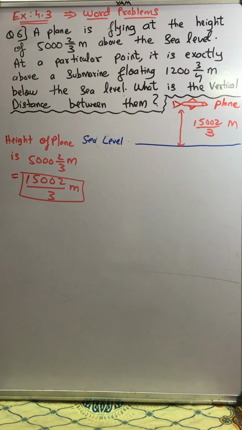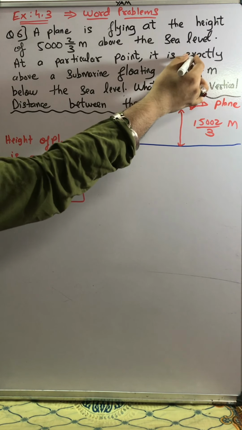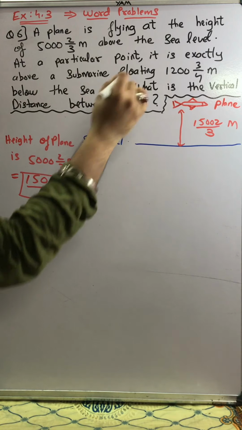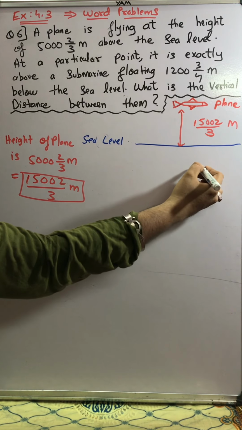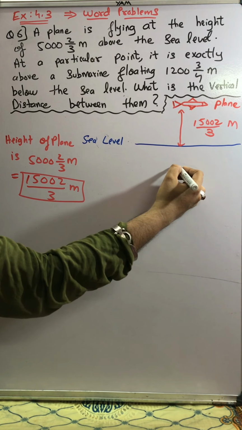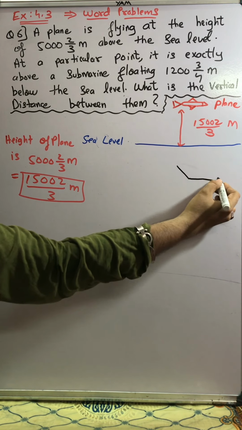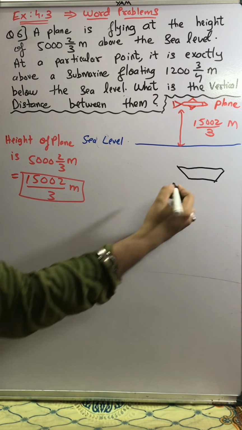Great. Next, we have a submarine now. Let's read this. At a particular point, it is exactly above the submarine. So I have a submarine here.